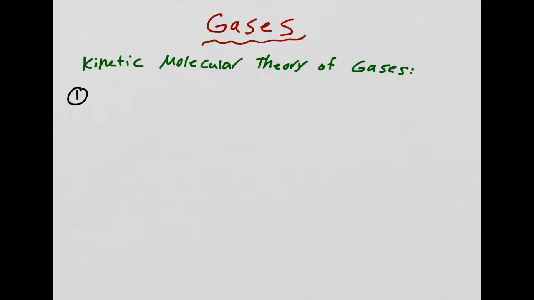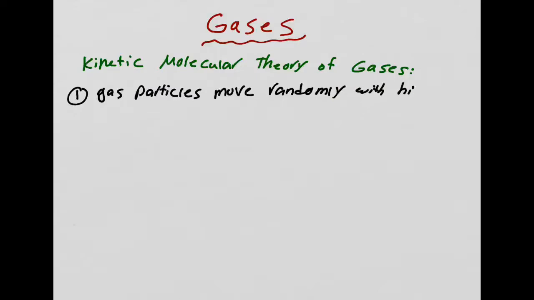Number one, basically what it says is gas particles move randomly with high velocity. So what does that mean?